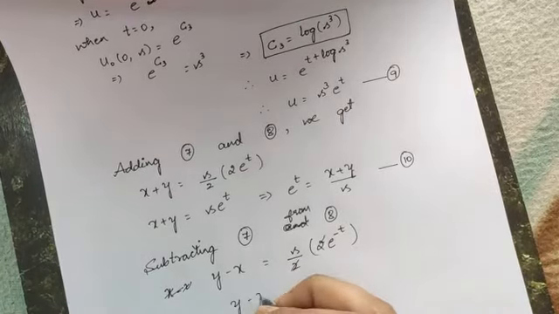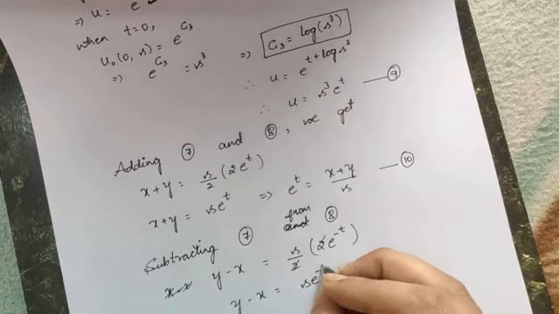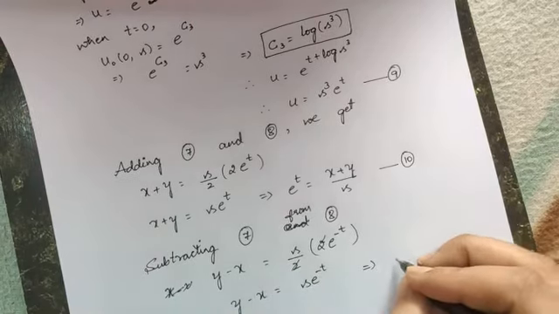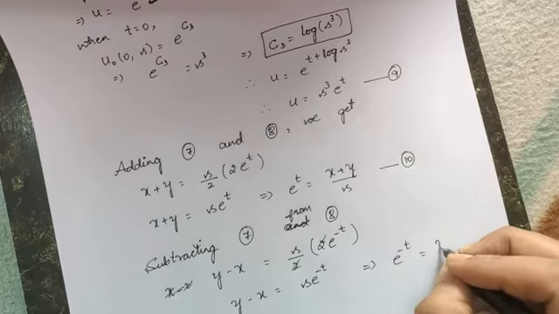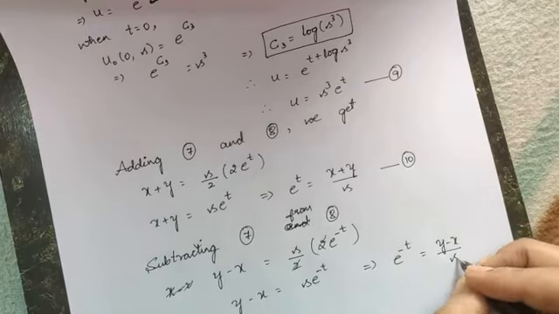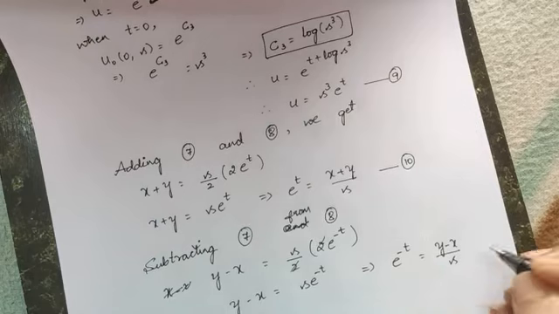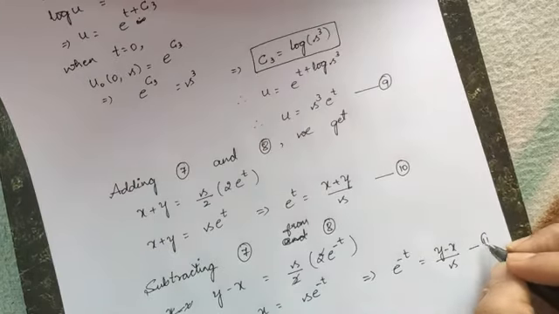You will get y minus x is equal to s into e power minus t. This implies e power minus t is equal to y minus x by s. So call this as equation number 11.